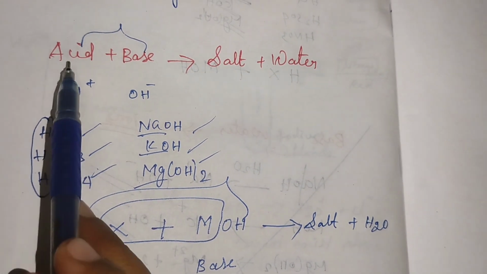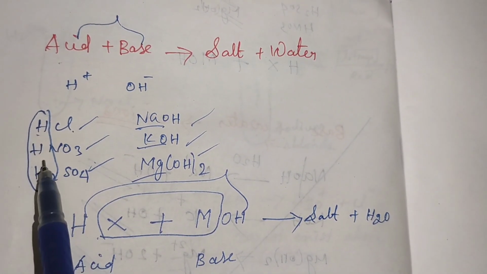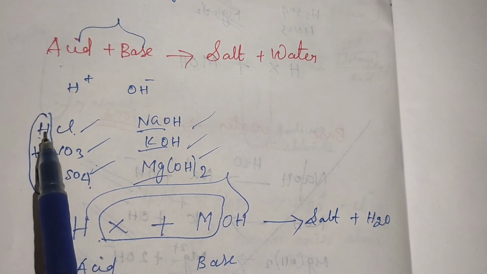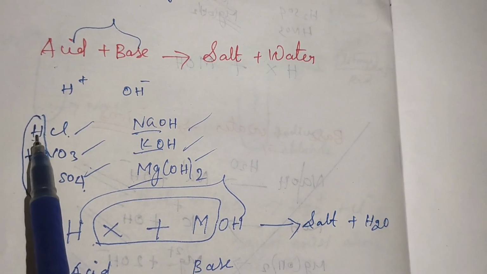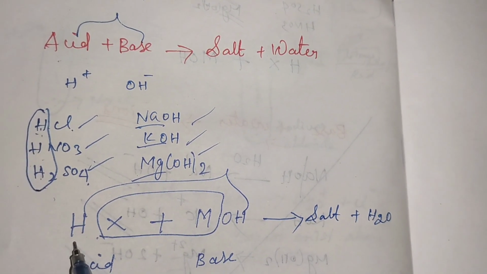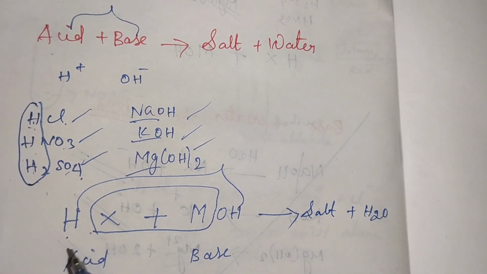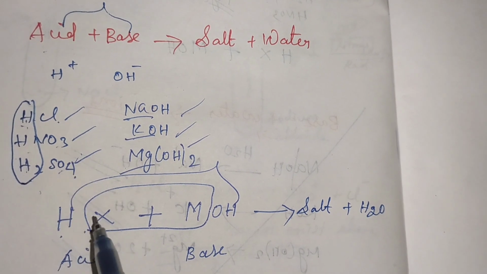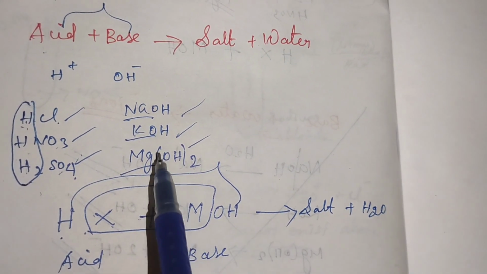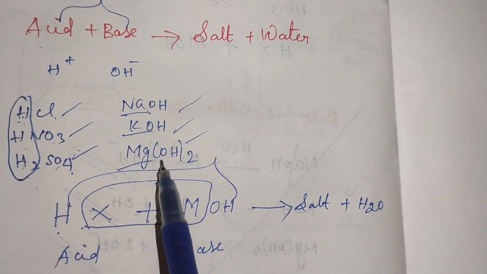Again I will repeat. Acids we know: hydrochloric acid, nitric acid, sulfuric acid. What is common in acids? Hydrogen, so H plus ions. So I am taking here H. Instead of chlorine, nitrate, sulfate, anything will be written here, so I am writing X. Bases: sodium hydroxide, potassium hydroxide, magnesium hydroxide.